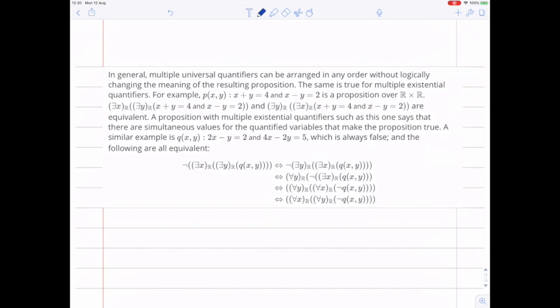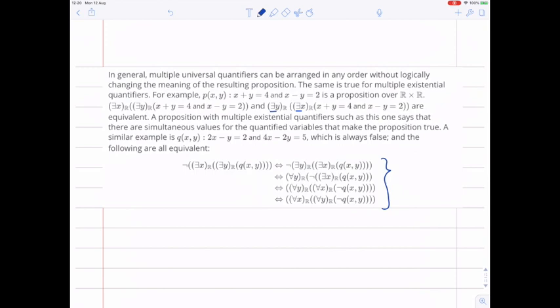You can have a look through these examples over here. The same goes for existential quantifiers. If you've only got existential quantifiers in your proposition, or you've only got universal, then the order really doesn't matter.